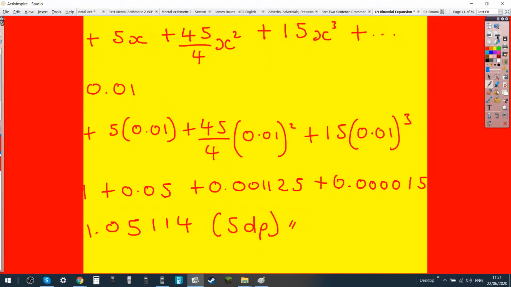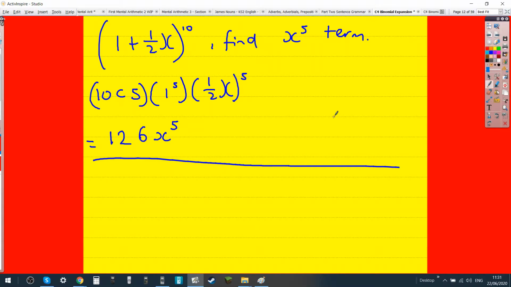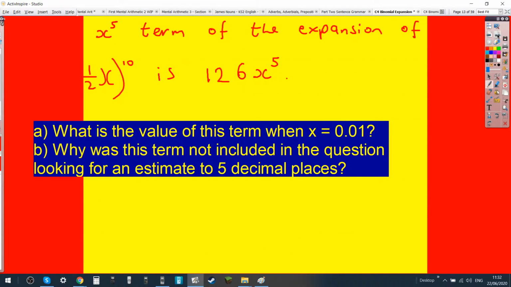Hang on. Find the x to the 5th term. Oh, sorry, I just wrote the answer. So 10 choose 5, 1 to the power of 5, and a half x to the 5. And that's the one you get. Okay, you're already good for that.